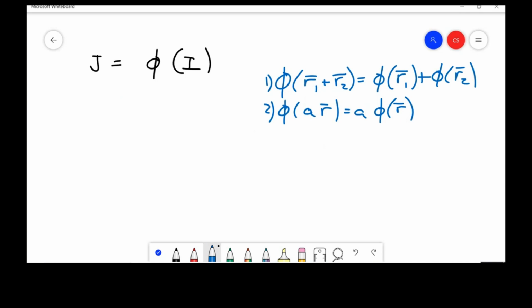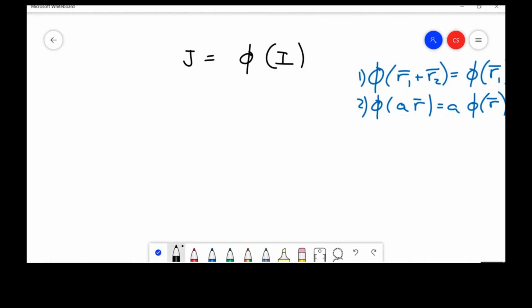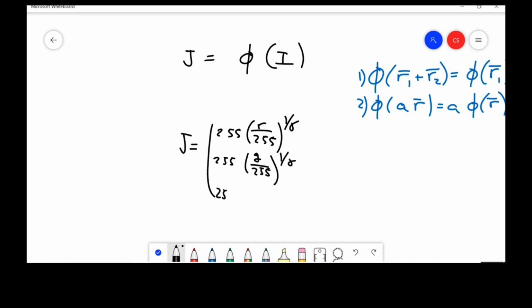The first one was non-linear: 255 times R divided by 255, to the power 1 over gamma; then 255 times the green channel divided by 255, to the power 1 over gamma; and then 255 times the blue channel divided by 255, to the power 1 over gamma.